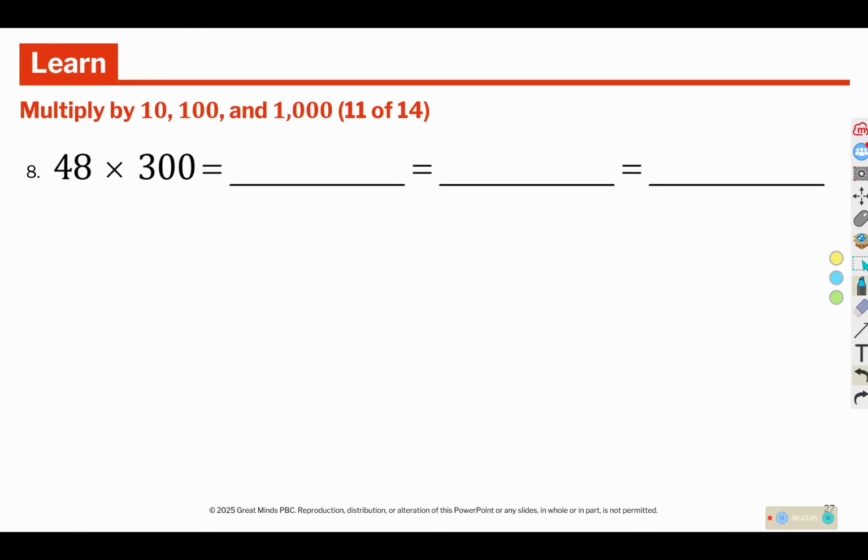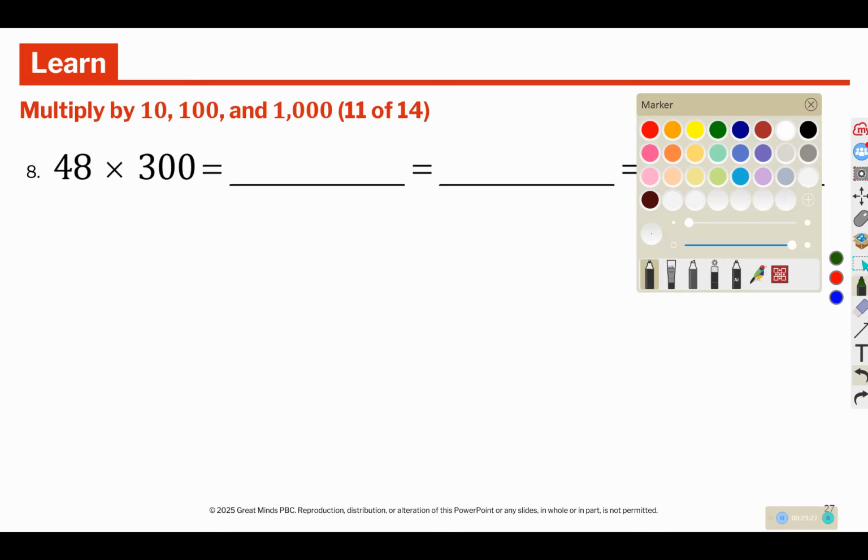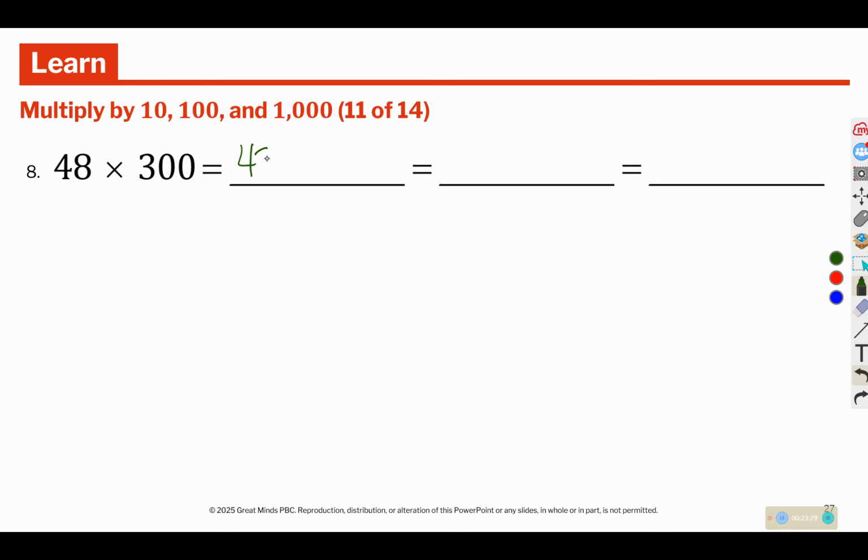Well, I know that we just solved 48 times 30 from the previous problem, but this is 48 times 300. To turn 30 into 300, I have to multiply by 10.